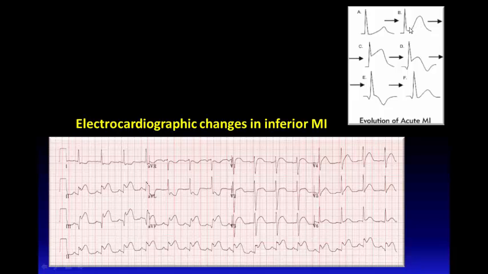This is known as hyperacute T wave. Then the ST segment elevates, and this is followed by the ST segment going back, and there is development of pathological Q waves and inversion of the T waves.